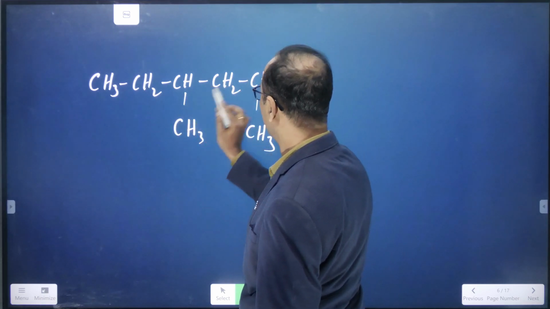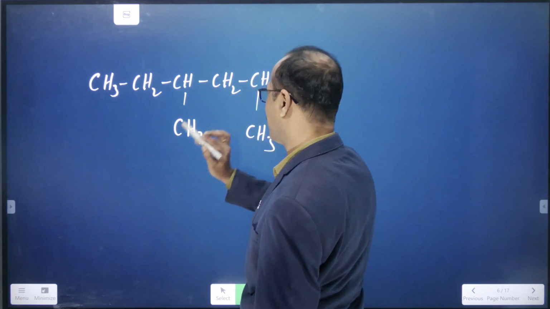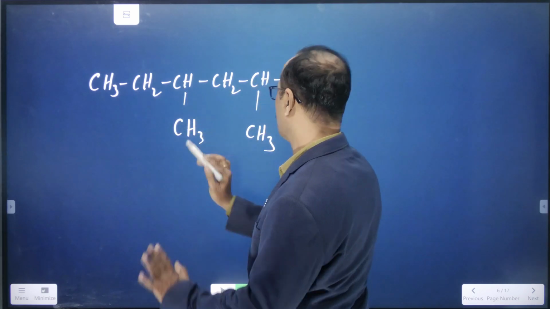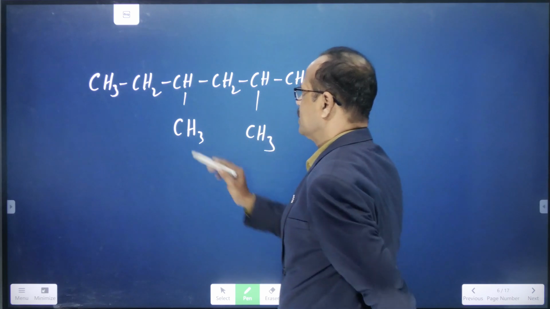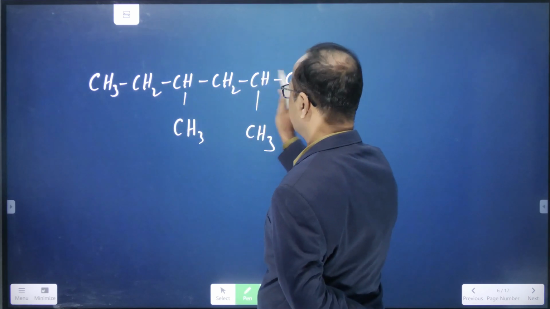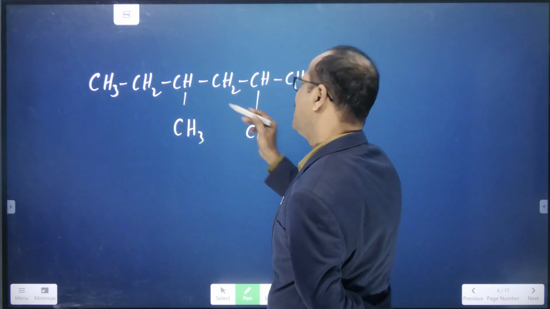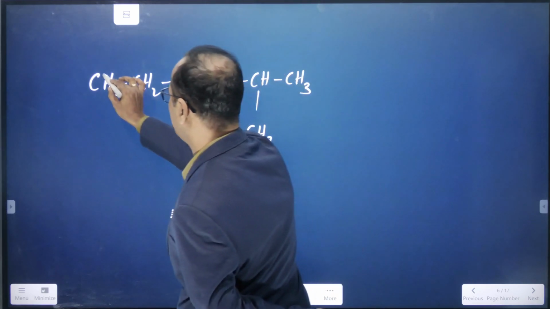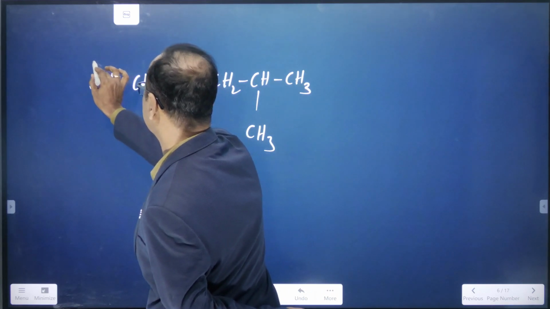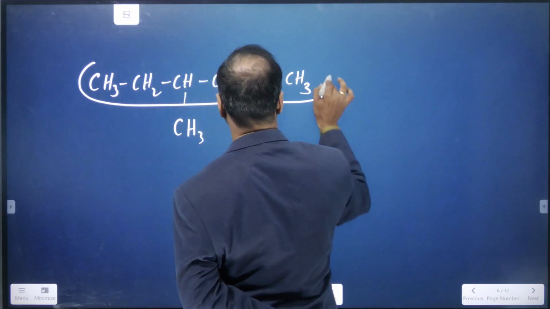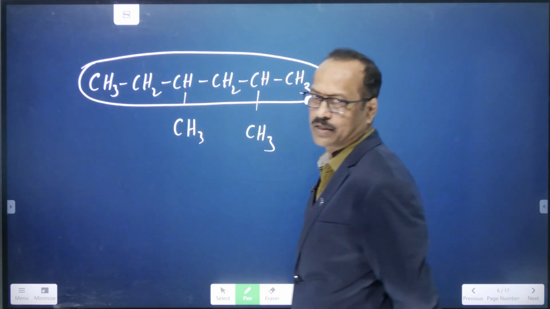The other one is coming 5 only. So 6 is the longest. 1, 2, 3, 4, 5, 6 either way, both are the same. So in this case I'll take this one as the longest chain.